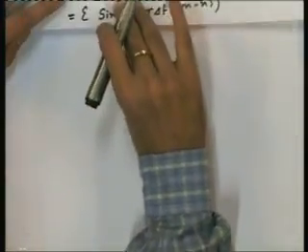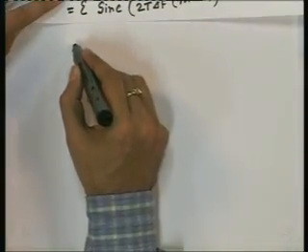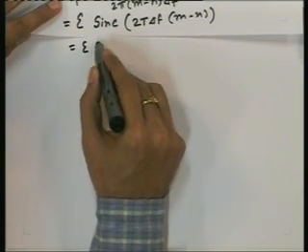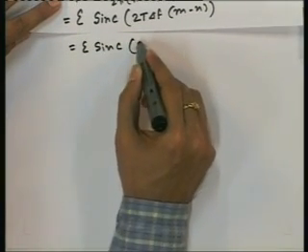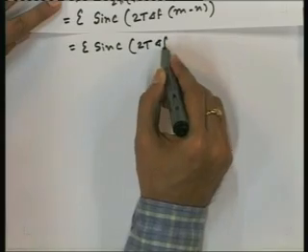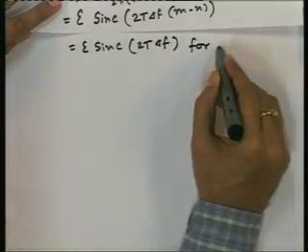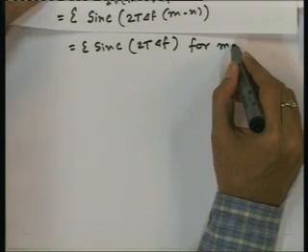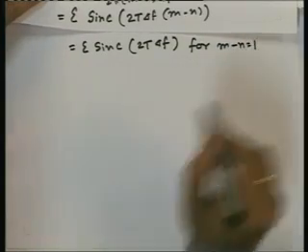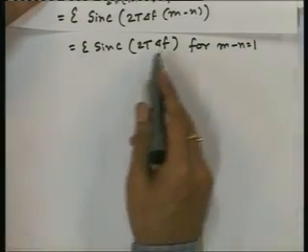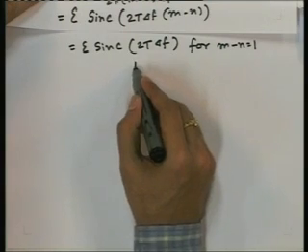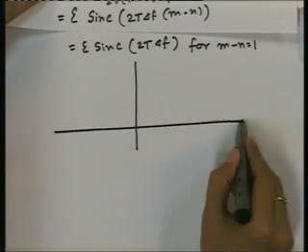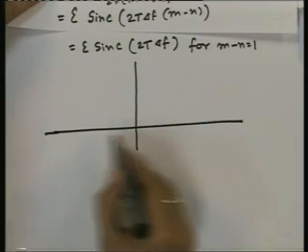This inner product is basically E sinc 2T delta f for m minus n equal to 1. Now let us plot this. We all know the well known shape of the sinc function.